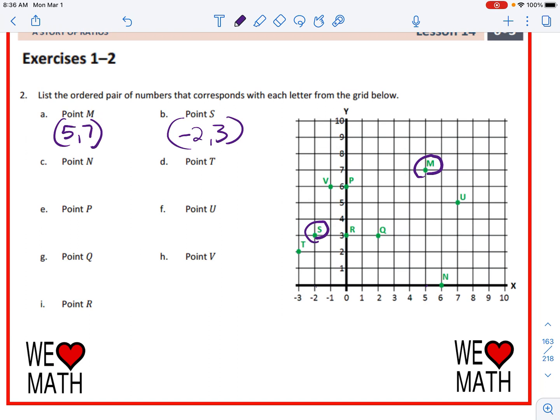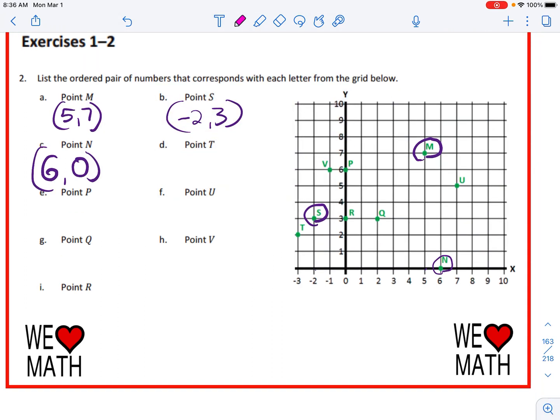Letter C is point N. Point N is here. We go horizontal to 6, but we don't go up, so it stays at 0. So letter C, point N, is 6 and 0. Now let's do T. T is right here. We're going to go over to -3, up to 2.